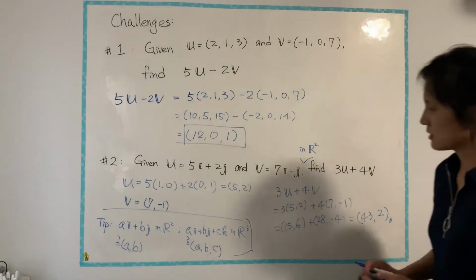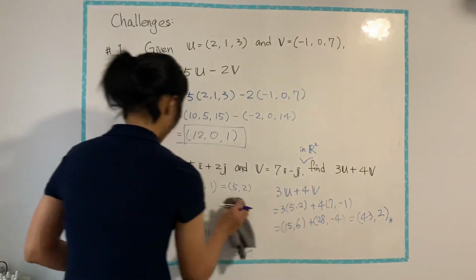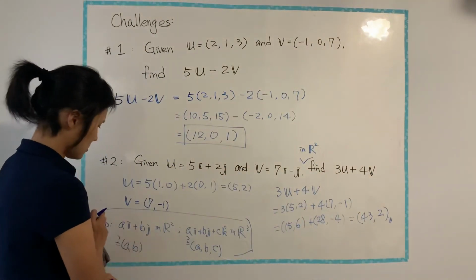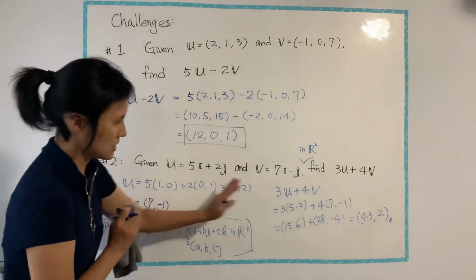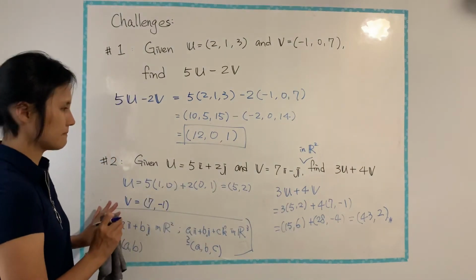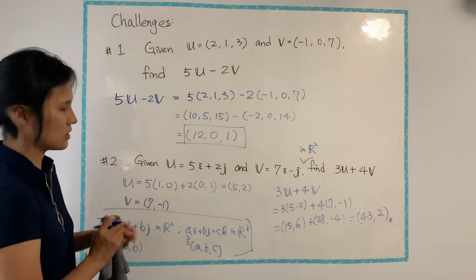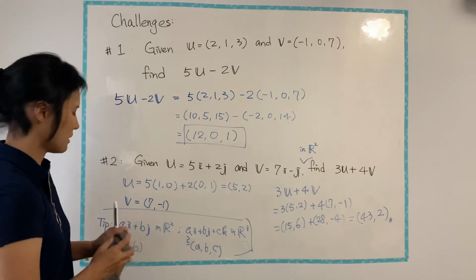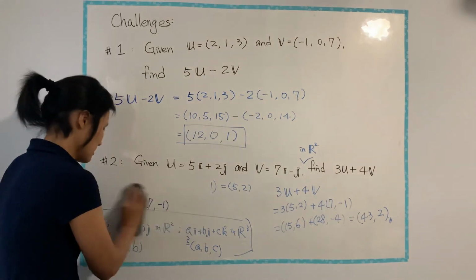All right, I want to give you an alternative solution as well. So I'm going to erase this board. Pause the video if you need to until you finish writing.